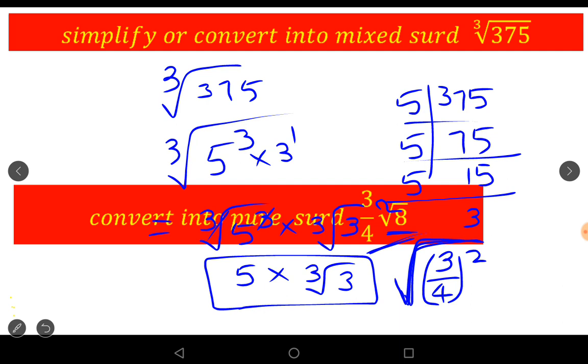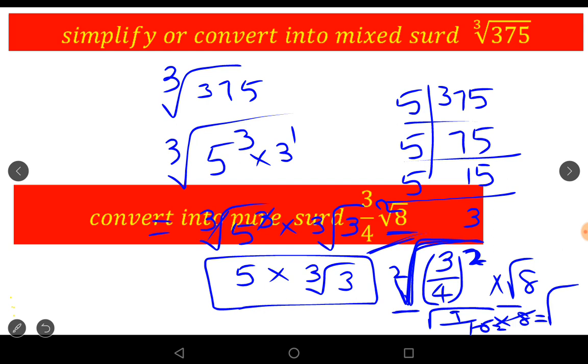So order 2 and power 2. Next, root 8. Both are like surds. So root of 3 squared, which is 9, over 4 squared, which is 16, times 8. 8 and 16 cancel.